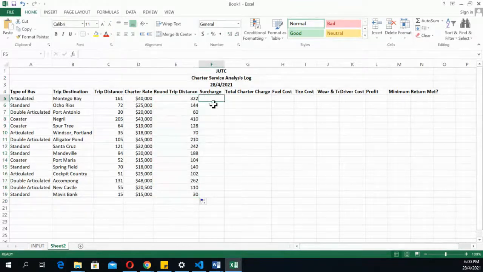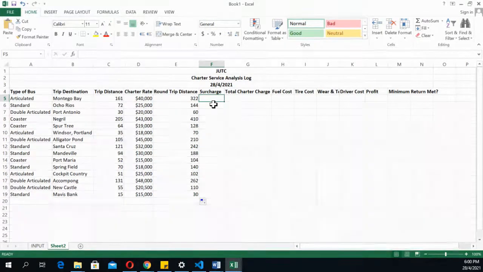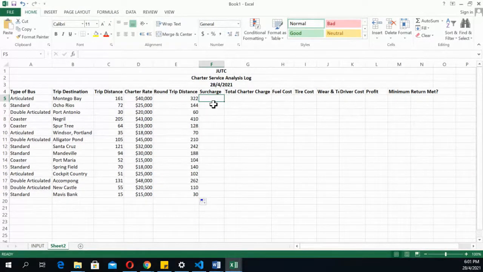All right, so now we're calculating the surcharge. What did they tell us about surcharge? What's the rate and when do we apply this surcharge? They said the surcharge is when it exceeds a certain amount, over 200 kilometers, you charge 12%.